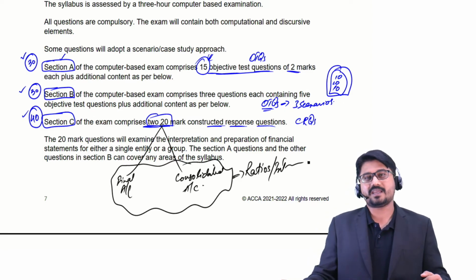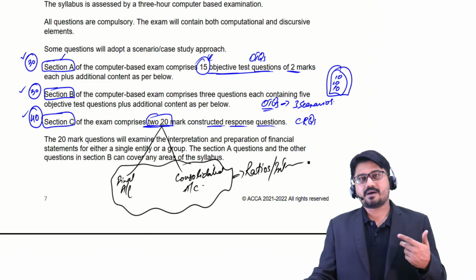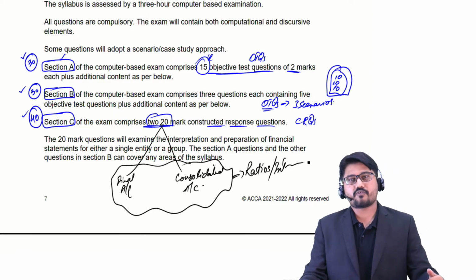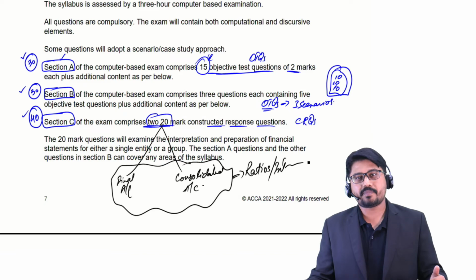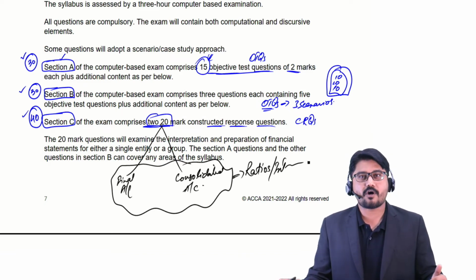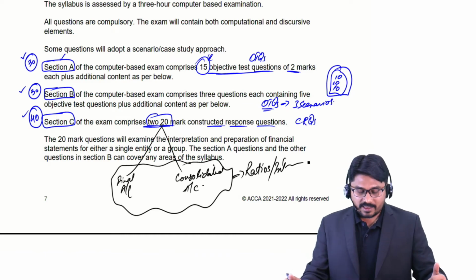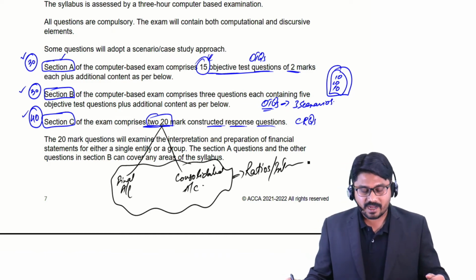It's about comparison, explaining the company's performance, whether a company is performing good or bad. What is the actual position, what's the company's position as compared to the previous and current year, according to the budgetary performance and the actual performance. So all these things in Section C are important.